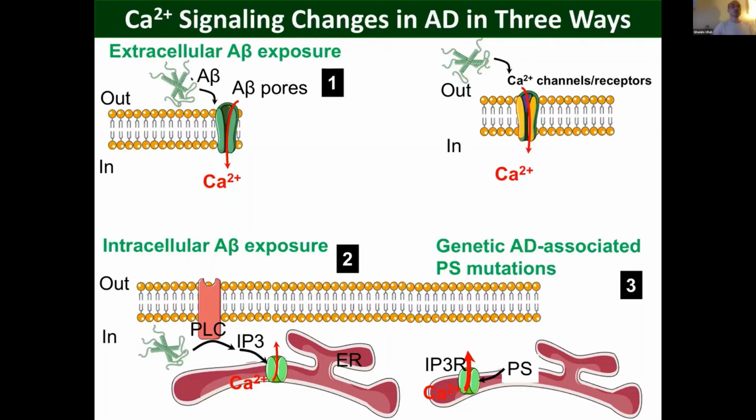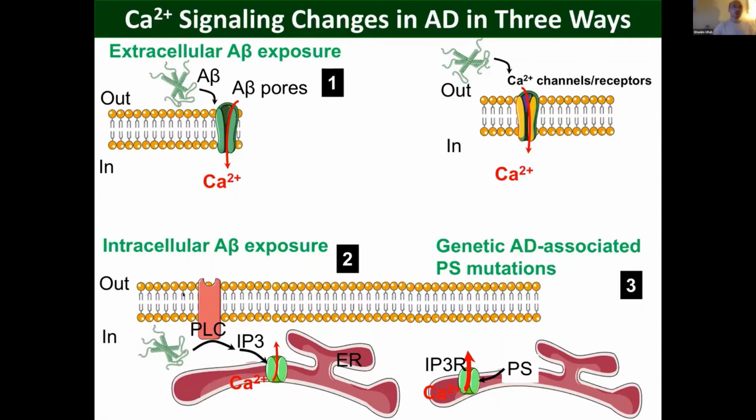One, if you expose the cell membrane to amyloid beta, it will make pores or channels in the membrane. And that pore can bring in calcium. And second, or actually another related way, amyloid beta can also interact with other types of calcium channels, and that would bring in more calcium.